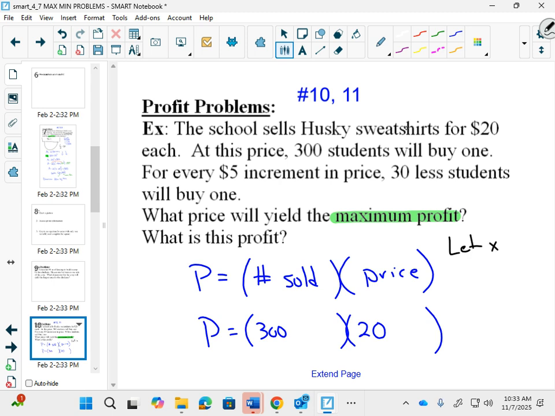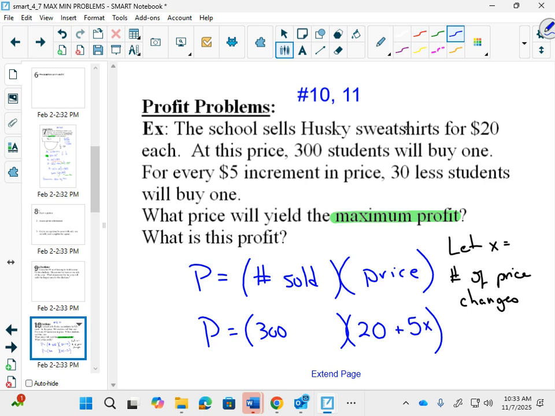We're going to let x equal the number of price changes. So if you change the price once, what would the price become? 25.